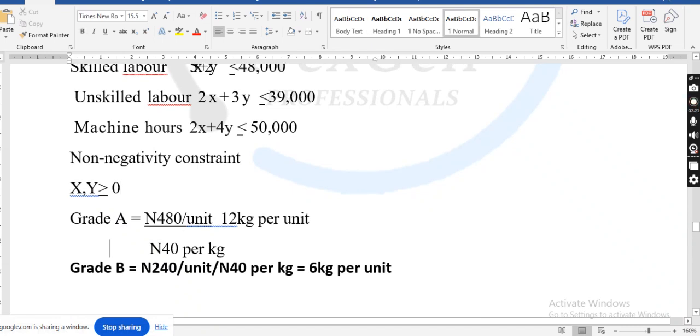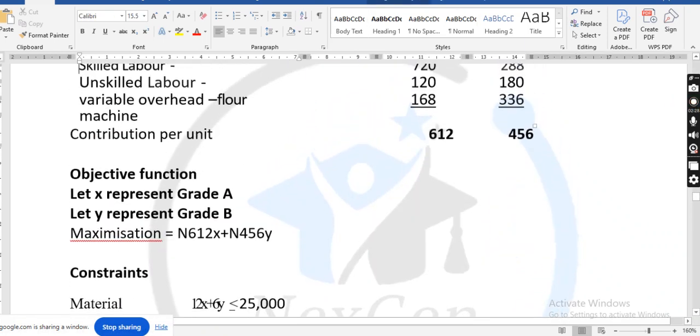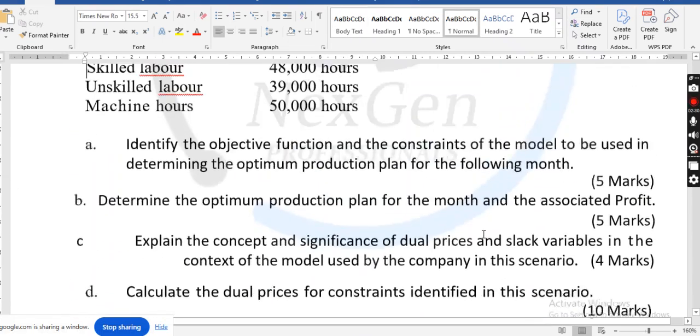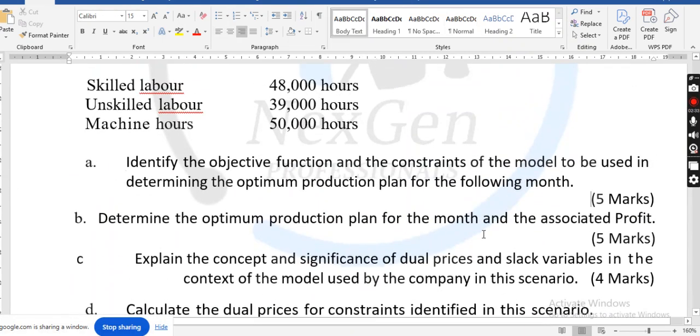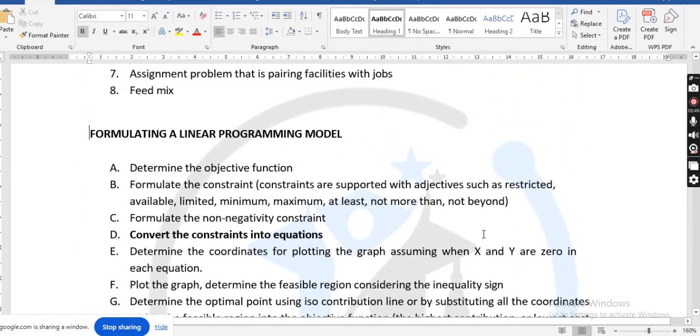Now the next part we need to move into is the B part of this question. This is A. Then the B part says to determine the optimum production plan for the month and associated profit. Don't forget, from our steps, after non-negativity constraints, you convert the constraints to equations. After the equations, we plot the graph and determine the feasible region.